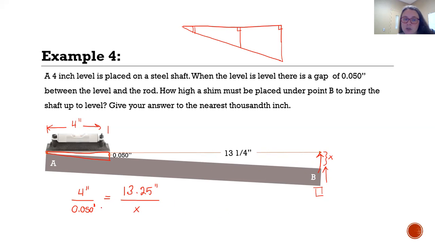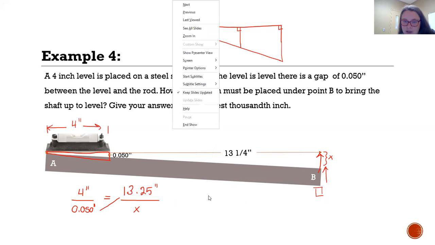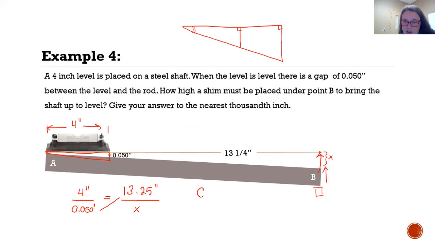So we're just going to do some basic multiplying. So 50/1000ths times 13.25. I'm going to pull out my calculator since I just wrote a final answer. 13.25 times 50/1000ths gives us 0.6625 is equal to 4 times x.